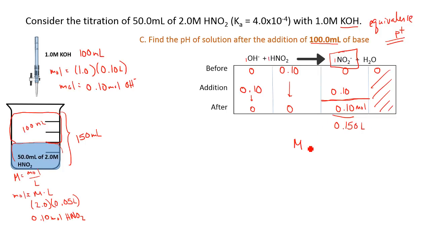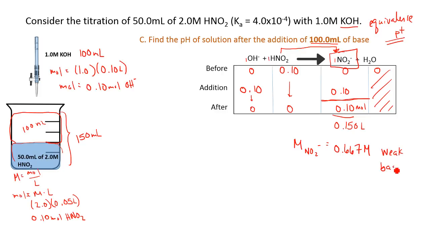My molarity of NO2 minus is 0.667 molar. So in this beaker, at the equivalence point, the only thing that's hanging out is the conjugate base of my weak acid. So I have a weak base.